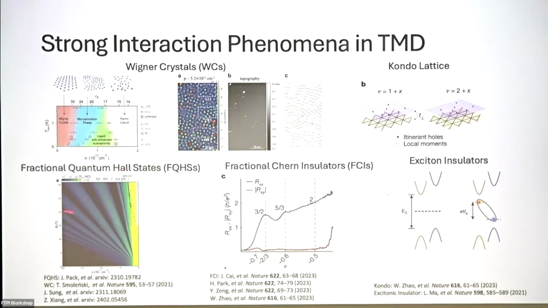Recently, Columbia also made good progress in tungsten diselenide, and they see for the first time multiple fractional quantum Hall states in transport of tungsten diselenide. Previously, they could only observe it using either capacitance measurements or optical measurements. Also, there's very exciting progress in the fractional quantum anomalous Hall effect in twisted molybdenum ditelluride, the same system Allan MacDonald was talking about yesterday.